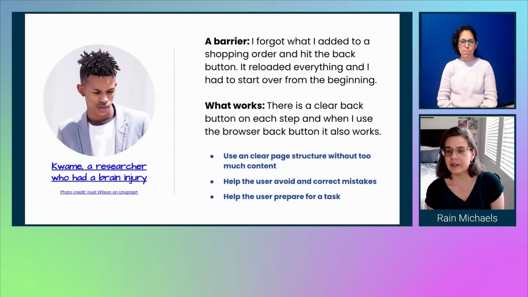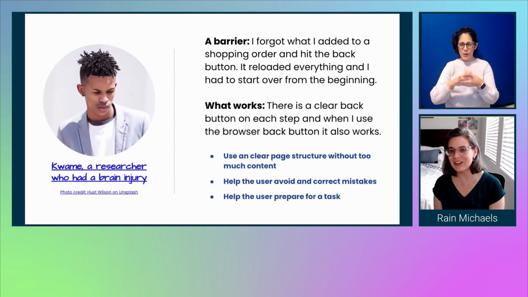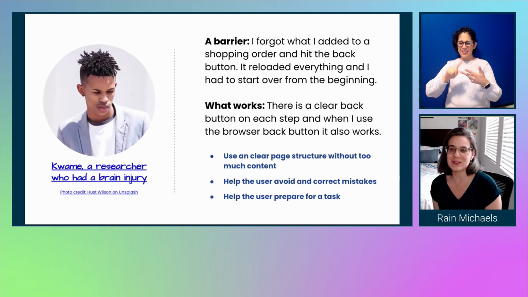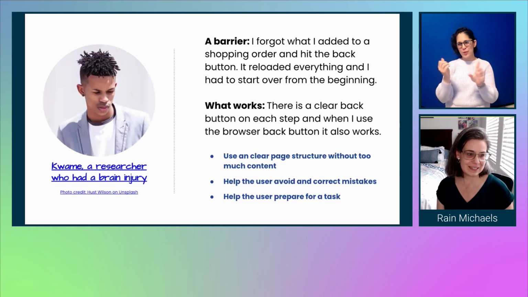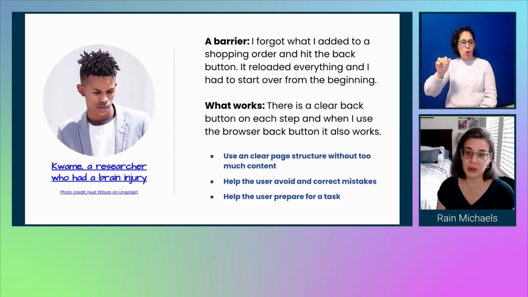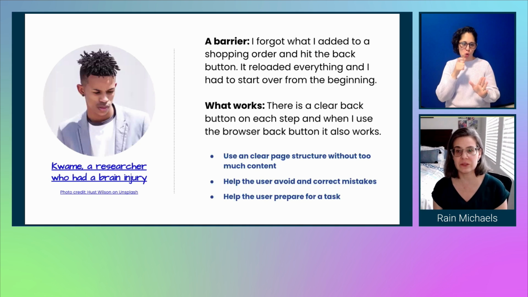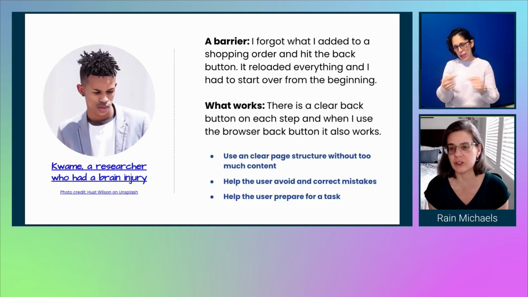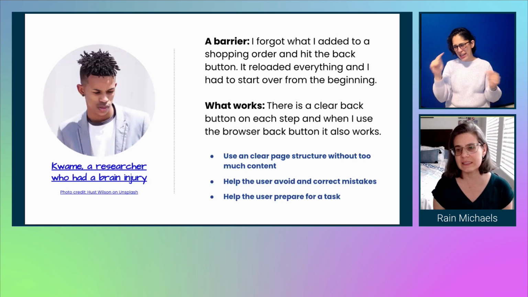The final story that I'm going to focus on here, rather than going through all of them, since we don't have all day, is Kwame. Kwame is a researcher who has had a brain injury. So this is somebody who's experienced a traumatic brain injury, or you may have heard the term TBI.